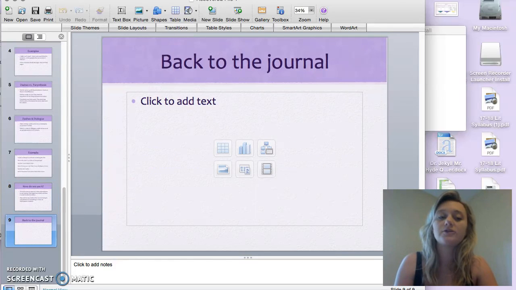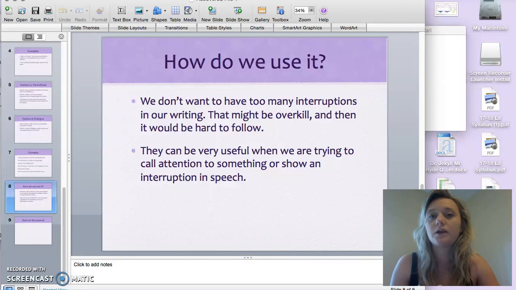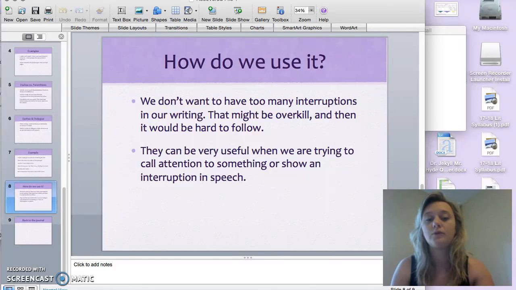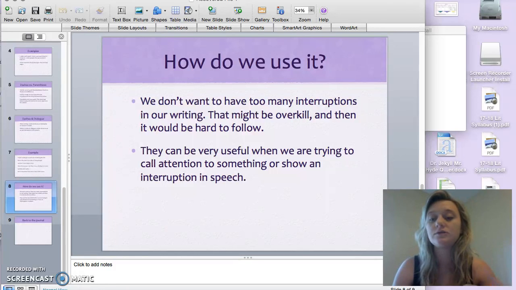We want to go back to our journals and find a piece of writing that means something to us, something with emotion, and I'm going to do that with you. We're going to look for a place where we could use a dash to show an interruption or to show something we want to draw attention to.